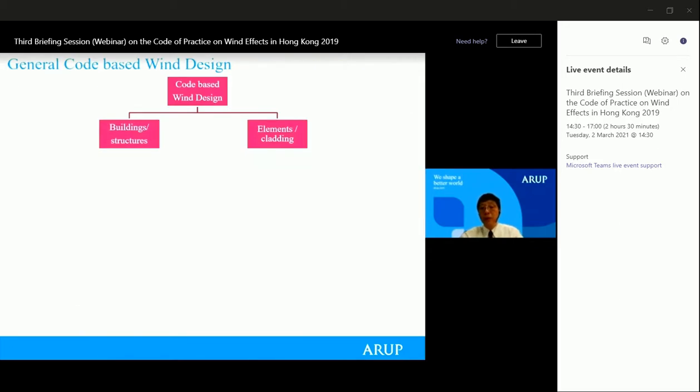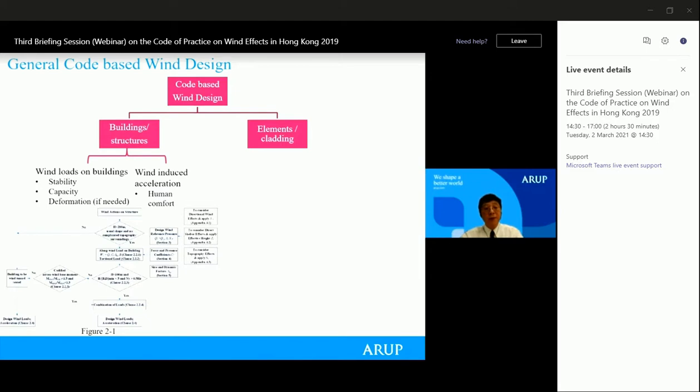Code-based wind design covers 2 categories of design, which is the design of the overall building structures and the design of cladding or building elements. For building design, it includes the calculation of structural wind load for stability, capacity, and deformation calculations. And it also includes the calculation of wind-induced acceleration response for human comfort.